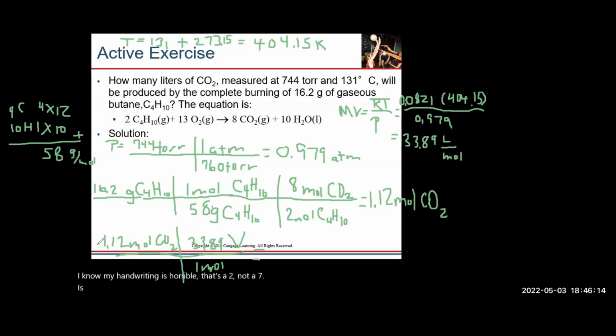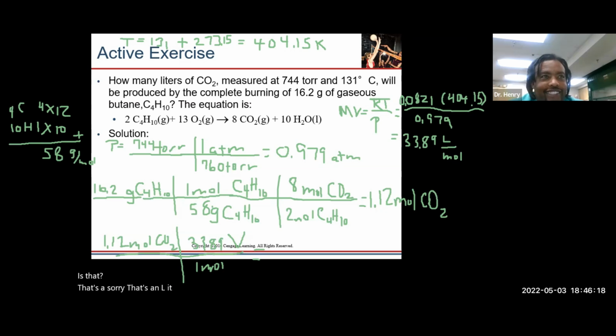Is that a V or an L? Oh, sorry, that's an L. It should be an L. Good eye, I was thinking volume instead of putting liters. 38.0 liters. What did you guys get? 38.0 liters.